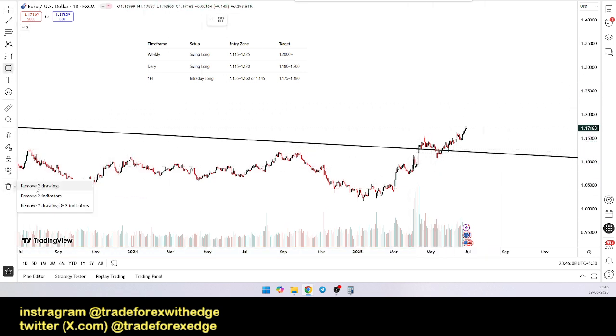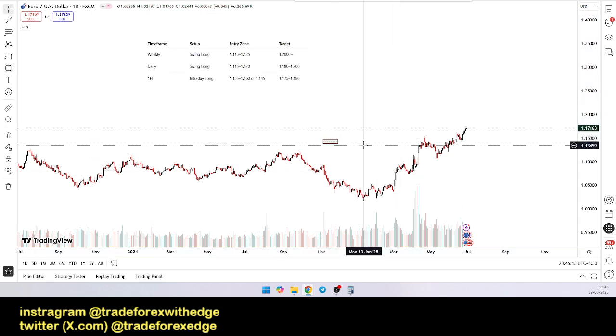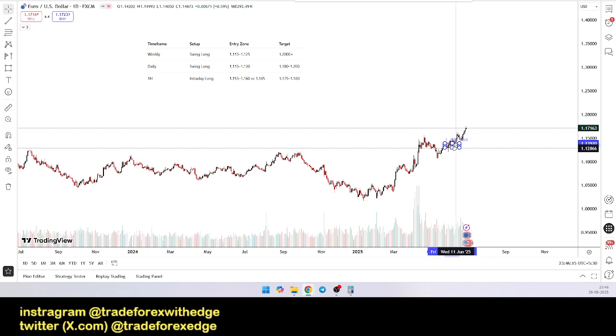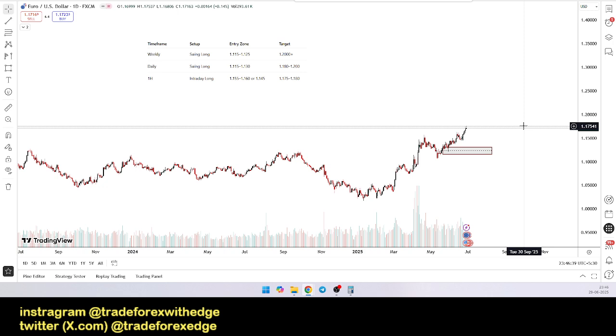Let me take this out. 1.130 around this, 1.115. Right. So around this zone, if we get price on a daily time frame, that will be a very good ideal entry to go long for the target of 1.18 to 1.20.